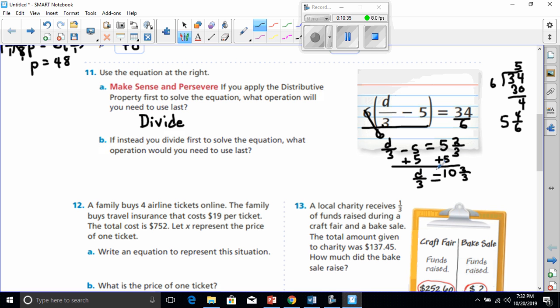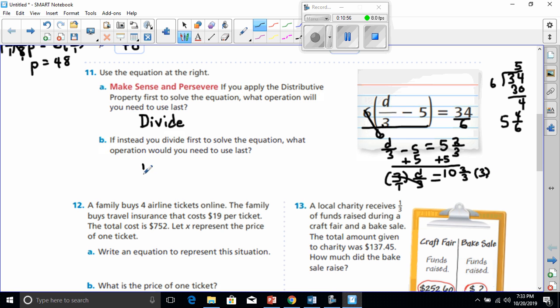And to solve that, the last step I would have to do would be to multiply this by 3. Well, you could say 3 over 1. I would get rid of that, and then I'd have to multiply this side by 3. And it would end up giving me the same answer that I had a little while ago. So let's see.